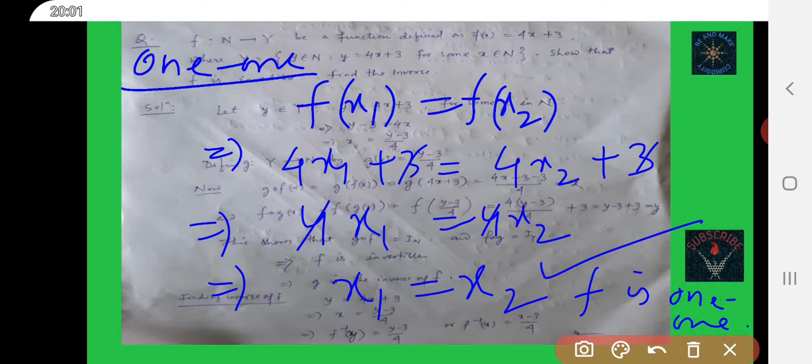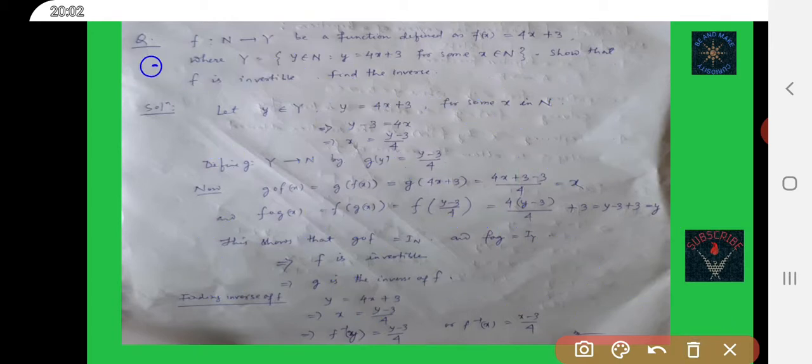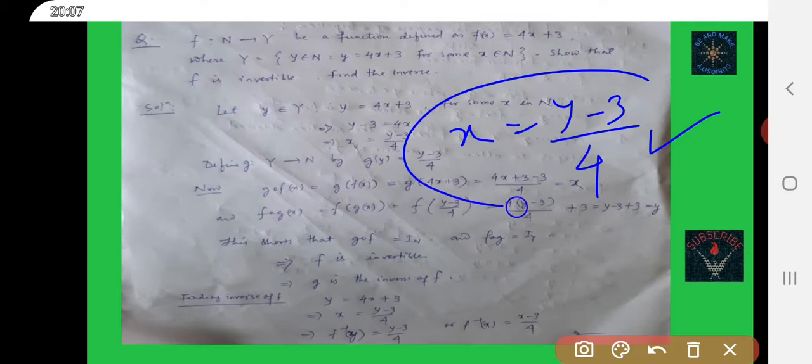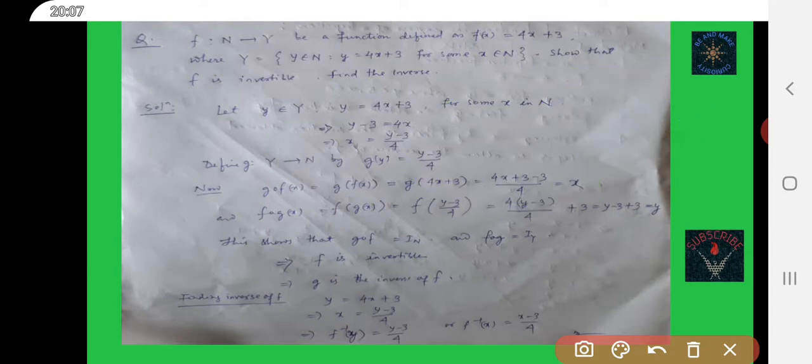Now we show f is onto. Let y belong to capital Y, y is equal to 4x plus 3, then you write x in terms of y, that is x equal to (y minus 3) by 4. First you find this one.